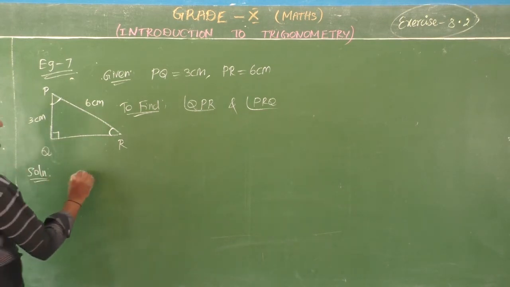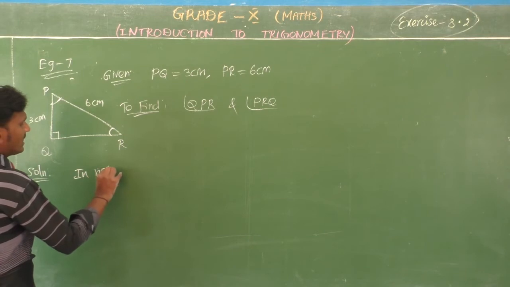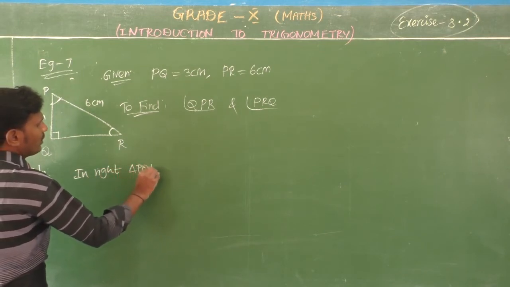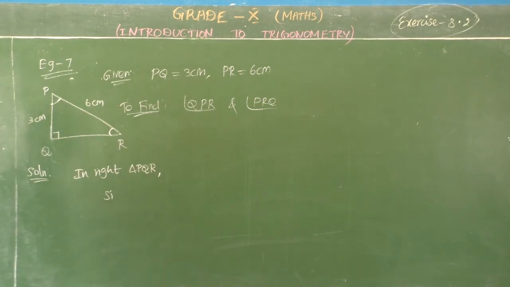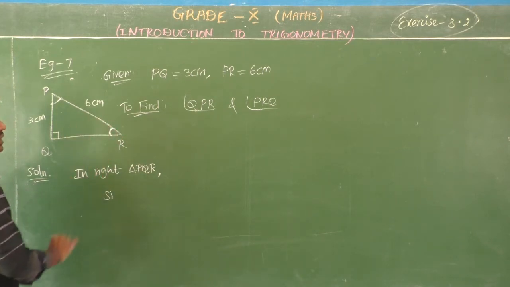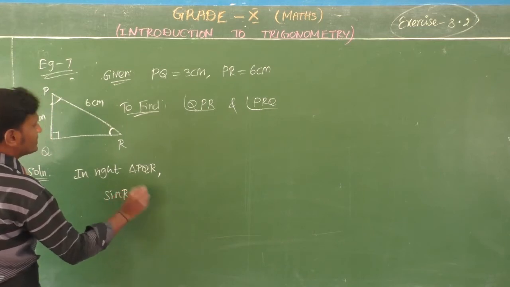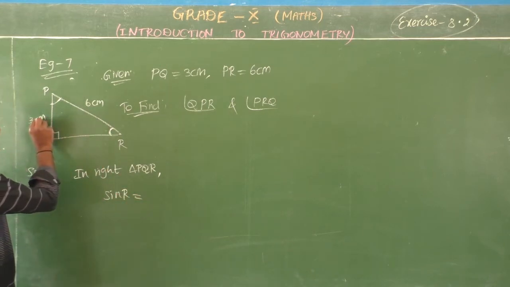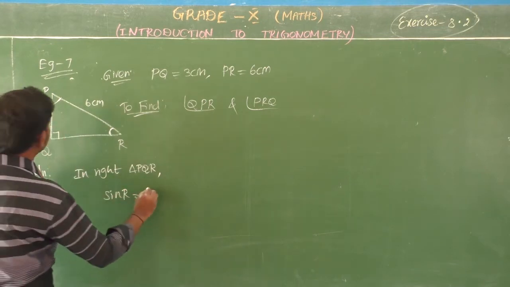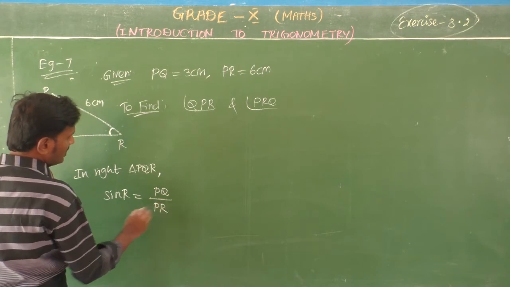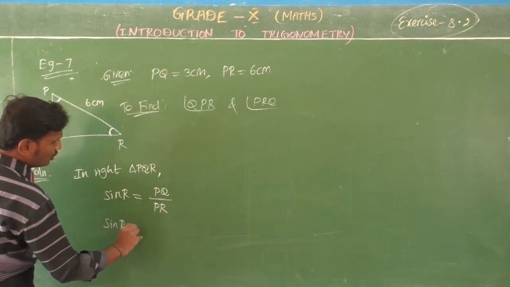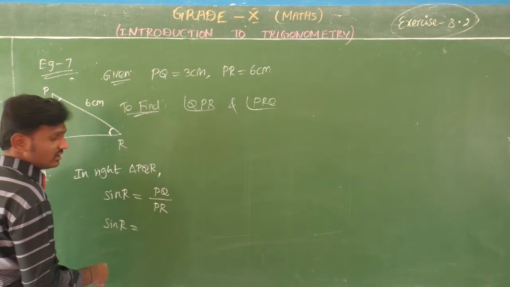Now in right triangle PQR, I am going to take sin theta, sin P or sin R. First I am going to find sin R. So sin R is equal to the opposite side, PQ, divided by the hypotenuse, PR.